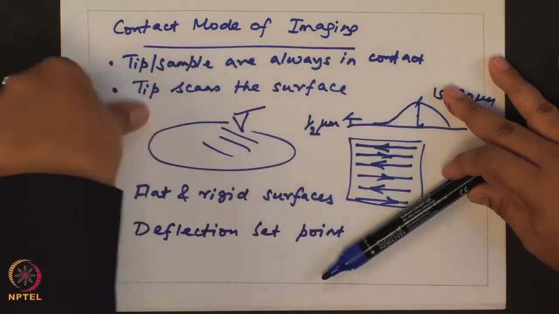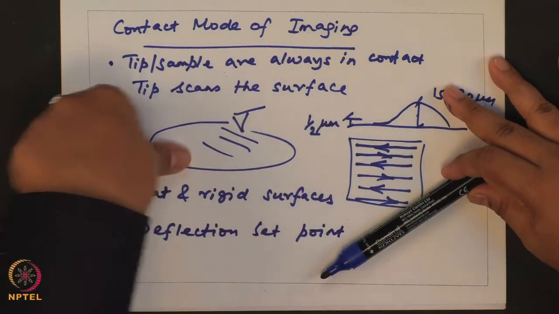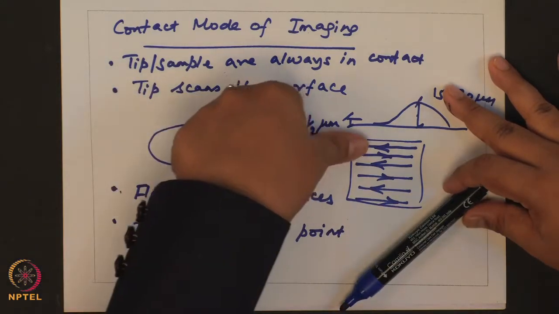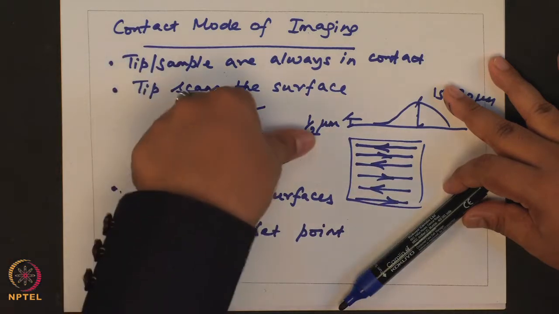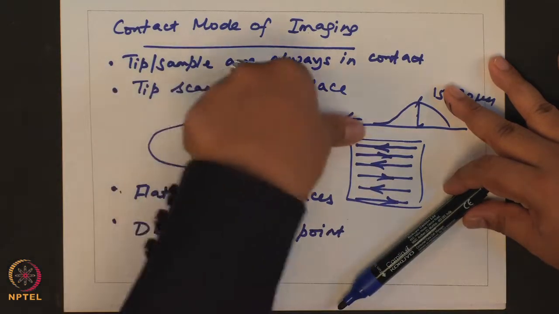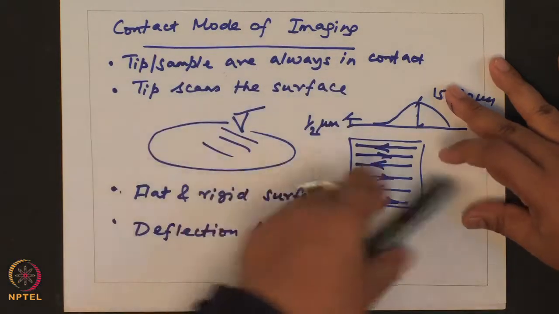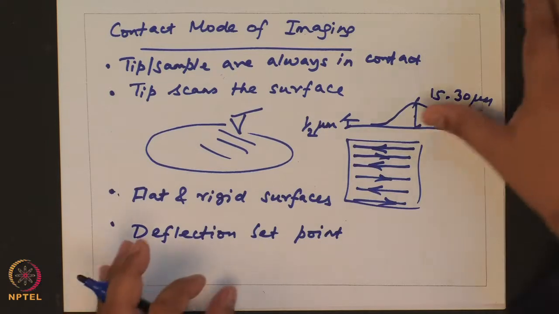If you are doing this repeatedly, you have to exert a small force, because otherwise, just due to surface heterogeneity, the tip might be dislodged from the sample. So, you put a press on your sample while scanning, and that is what the deflection set point is.